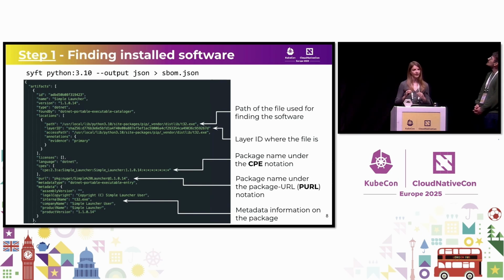Those notations give a unique identifier and details like the package name, the organization, the version, and even the author or distribution. They also provide the path of the files that were used to find the given software, the layer ID where the file is, and finally some metadata information on the package.